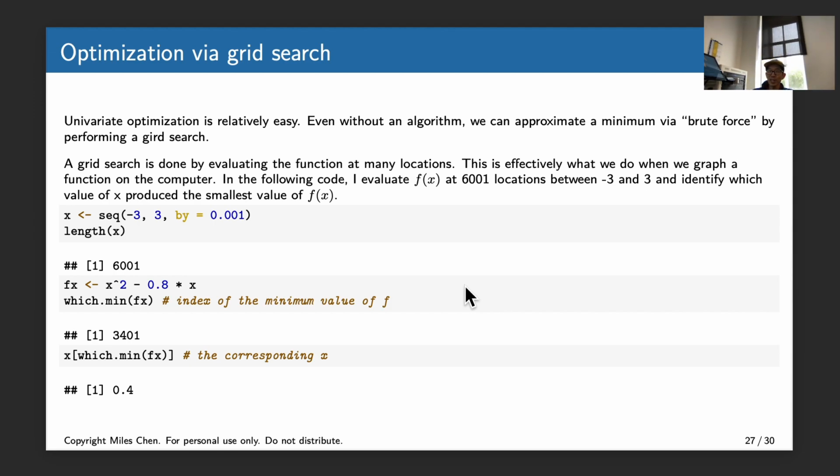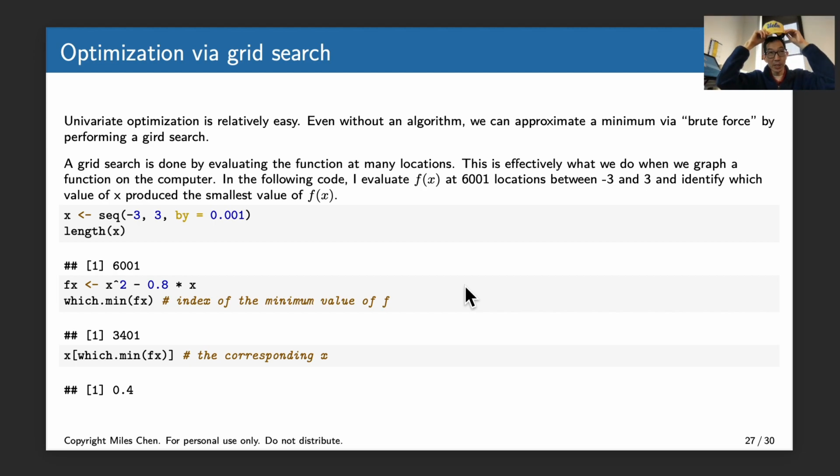One method of optimization that we haven't talked about is grid search. Okay, this is kind of your brute force method. If someone says, I want you to find the minimum of a function, here's a computer, and if you had no understanding about math, you could do this via a brute force search, okay?